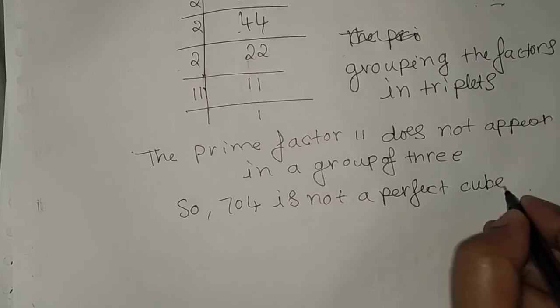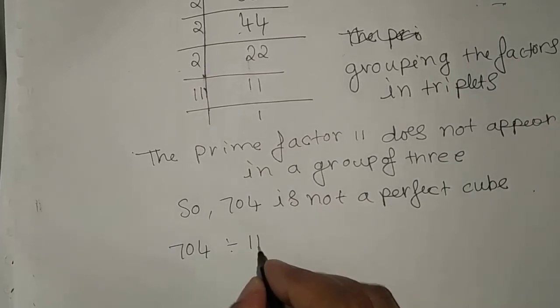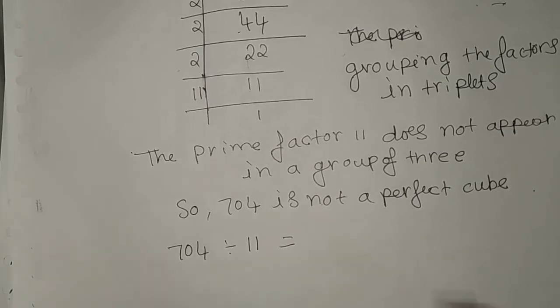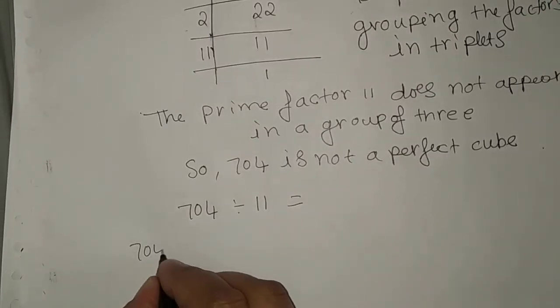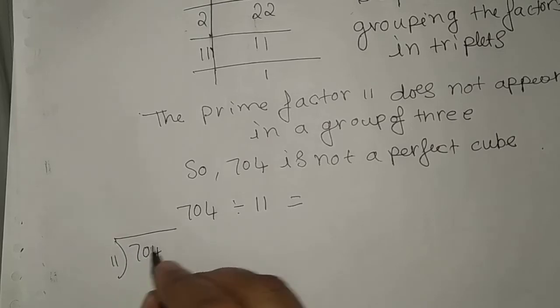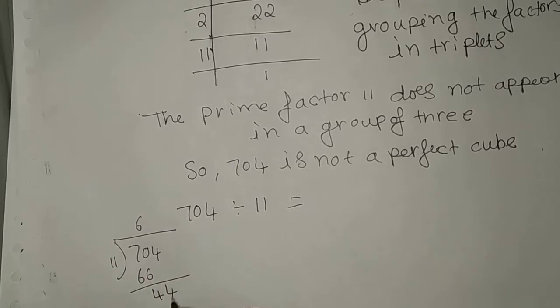So to make it a perfect cube, what do we have to do? 704 should be divided by 11. So now the next step is divide 704 by 11. Divide, 7, 11 6's are 66, therefore 4, then 44.